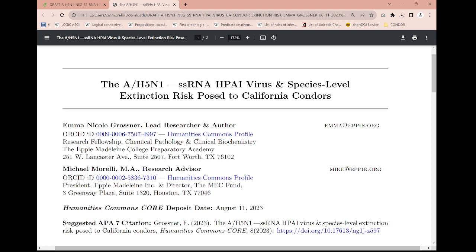Both hemagglutinin and neuraminidase are called surface proteins. They sit on the outside capsid of the virion. I emphasize that for a reason. It's really like virion, right? It's spelled like virus, but ion.